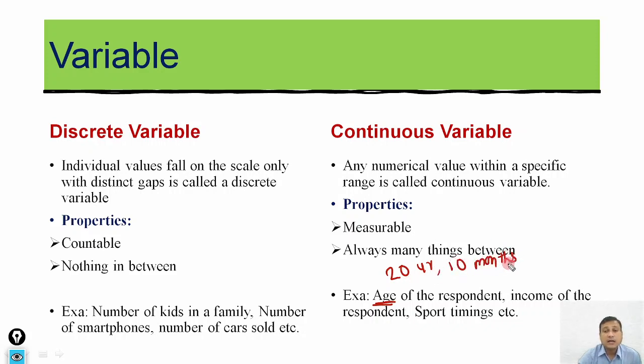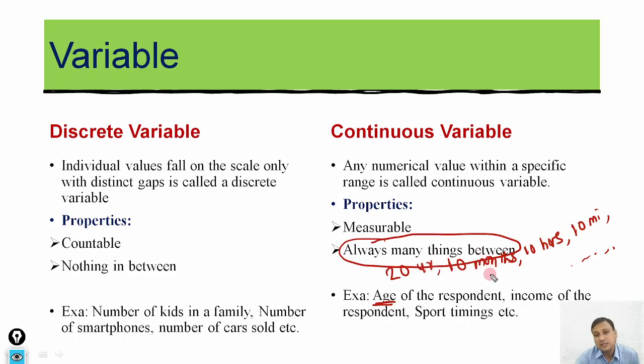Again, I'll go further and ask for age in years, months and hours. Then he can respond like 20 years, 10 months and suppose 10 hours. Furthermore, I can ask in minutes, suppose 10 minutes. Further, I can ask in seconds and so on and so forth. So there are always many things between two numbers, and we measure this.